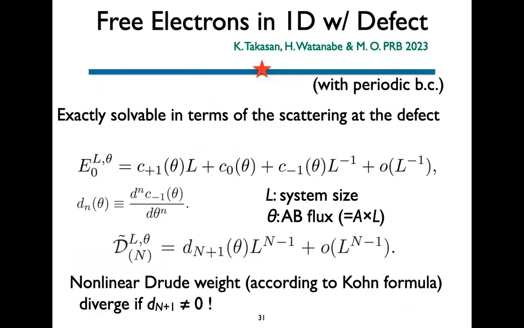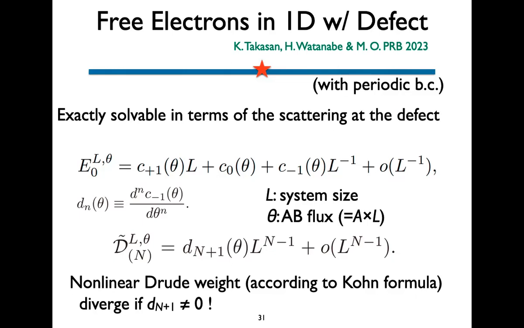Okay, so in general, the ground state energy is a function of system size and the Aharonov flux. Now the symbol is different, but here theta is the Aharonov flux. Then you can expand the ground state energy this way. So the first term is the ground state energy density times system size. And the next term is some constant. And the next term is 1 over system size and so on.